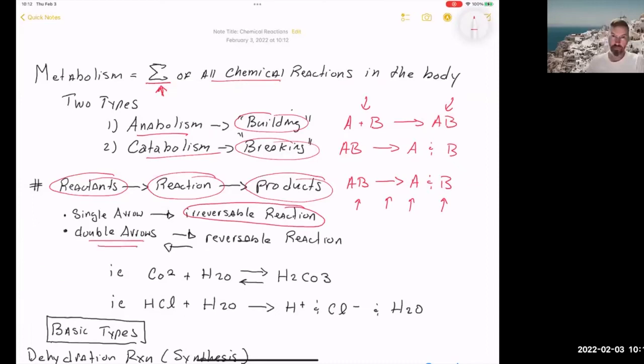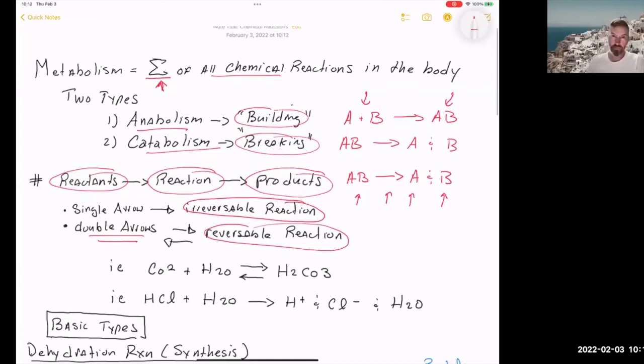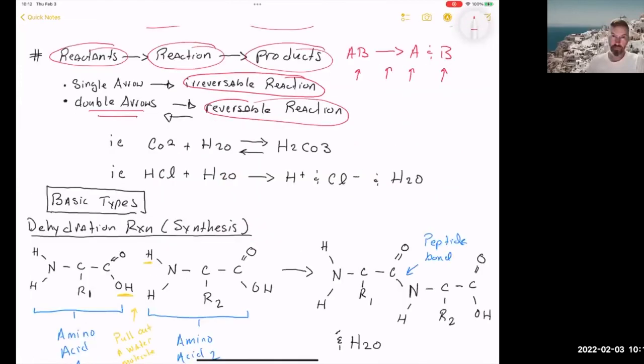Whereas double arrows mean that the chemical reaction can go in both directions. It is reversible. An example of an irreversible reaction, going back to acid-base, would be a strong acid. When a strong acid dissolves or dissociates in water, that is irreversible. It takes too much energy for the reaction to go in the opposite direction.